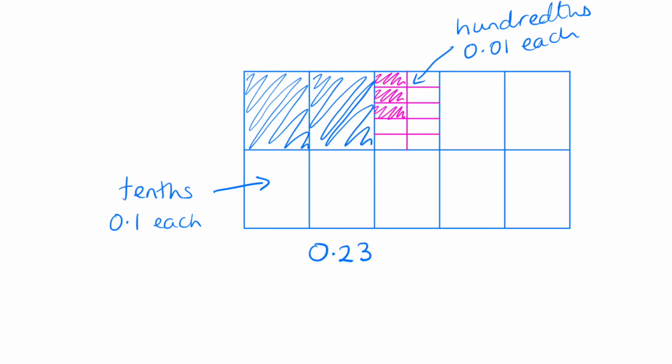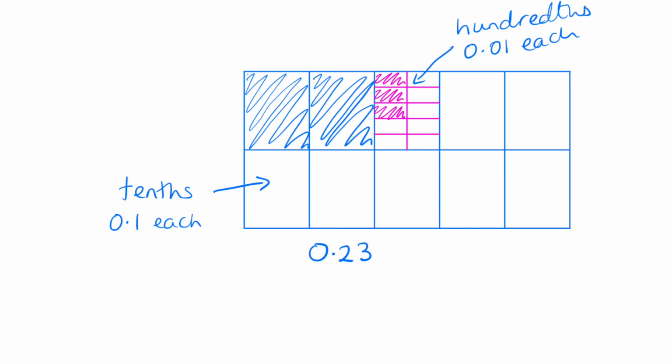So what we've got in this diagram is we've got no complete whole ones. So there's our 0, 0.2, because that's 2 tenths. And then we've got 3 hundredths shaded here in pink as well. So this diagram here represents the number 0.23.